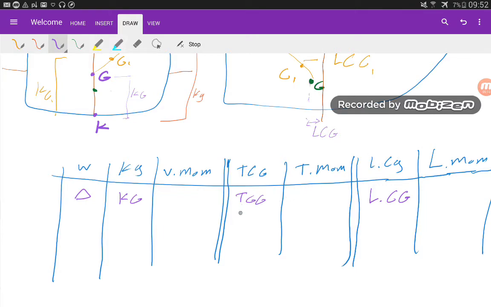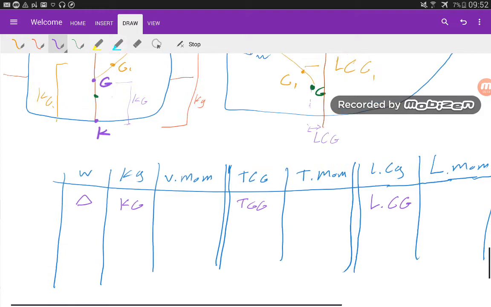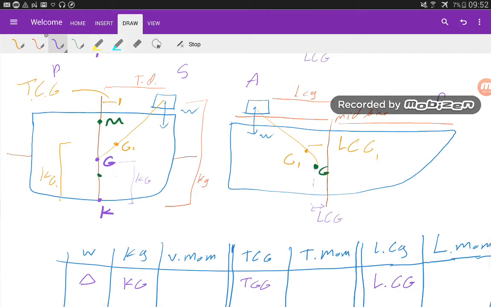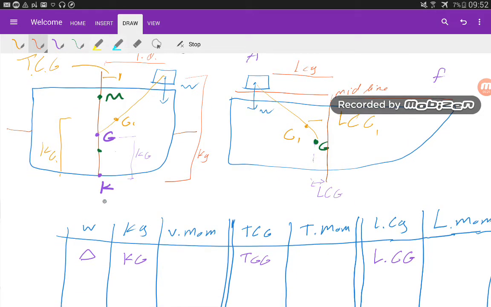Another way is to consider one side of the lever as a plus and one side as a minus.